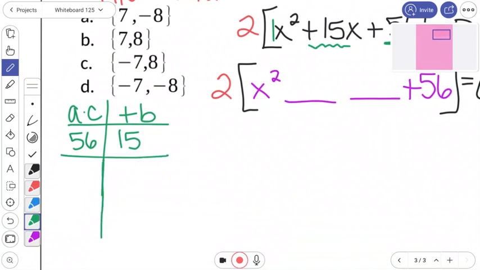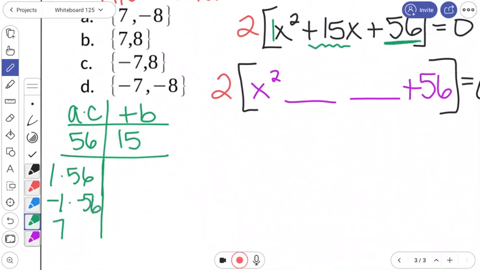Well, the easiest one's always going to be 1 times 56, or we could multiply negative 1 times negative 56. And we also have positive 7 times positive 8, or negative 7 times negative 8. Let's see if any of those work before we come up with any other factors.